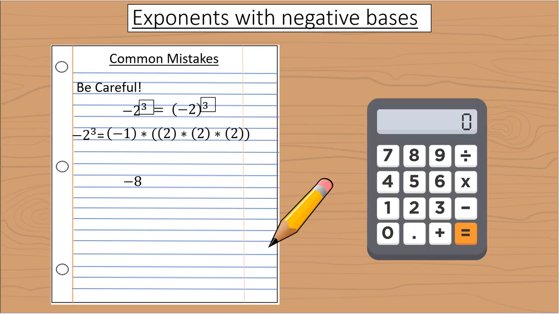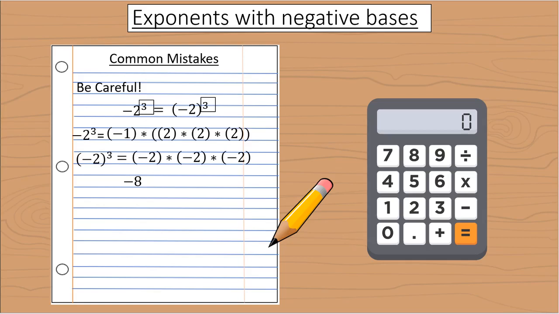So on the right side, we have parentheses negative 2 to the third power, which looks like negative 2 times a negative 2 times a negative 2, right?